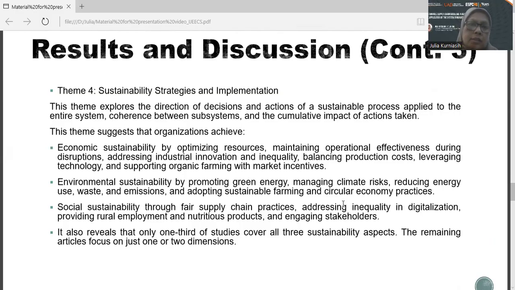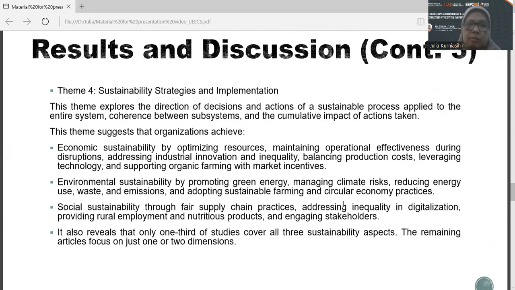This theme suggests that organizations achieve economic sustainability by optimizing resources, maintaining operational effectiveness during disruptions, addressing industrial innovation and inequality, balancing production costs, leveraging technology, and supporting organic farming with market incentives.